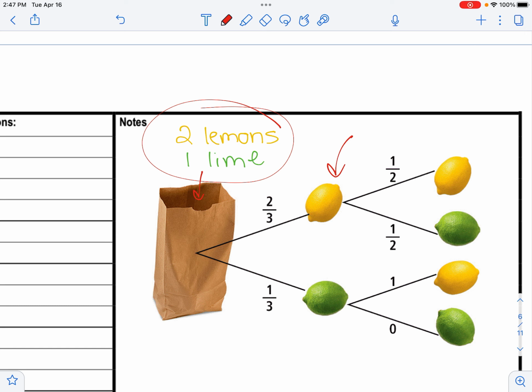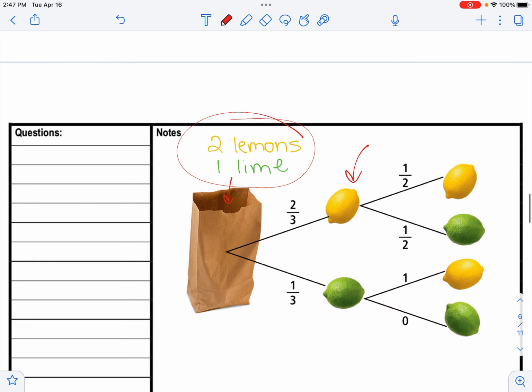Now, if I don't put that lemon back, I keep it out. Now for my next one, I have 1 lemon and 1 lime left. So the chance of me getting another lemon has now changed. It's gone from 2/3 to 1/2. So now the second draw is different because I did not replace the lemon the first time.